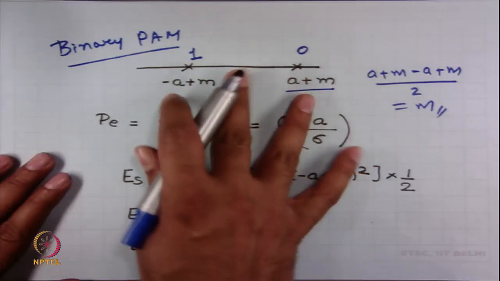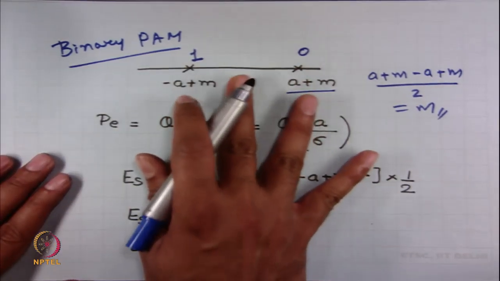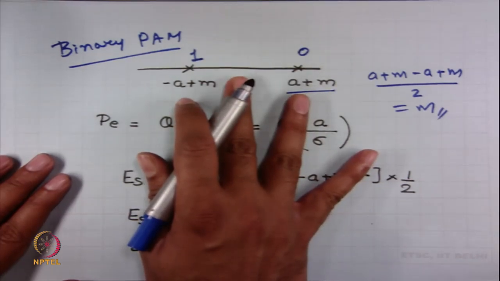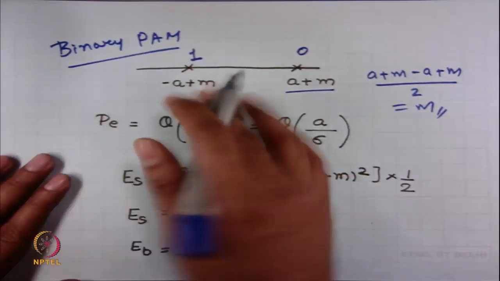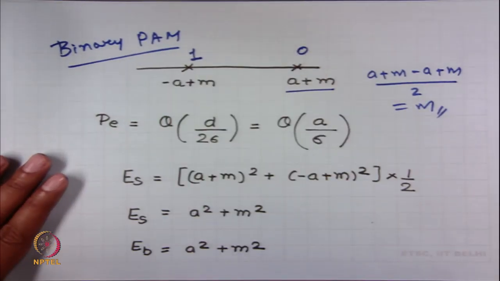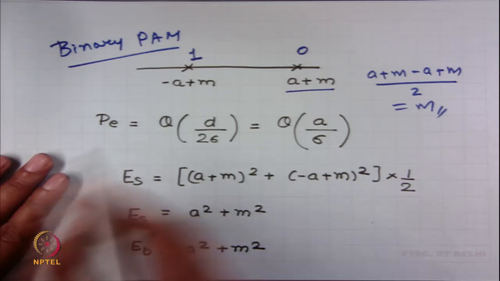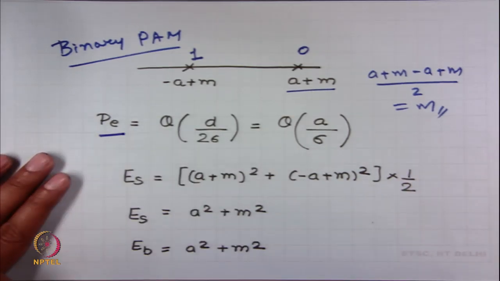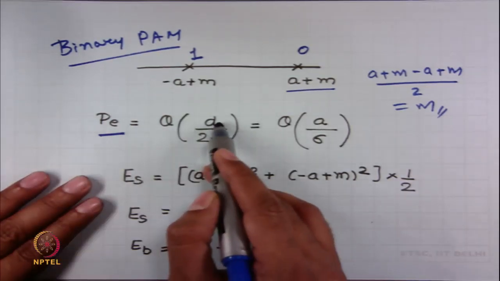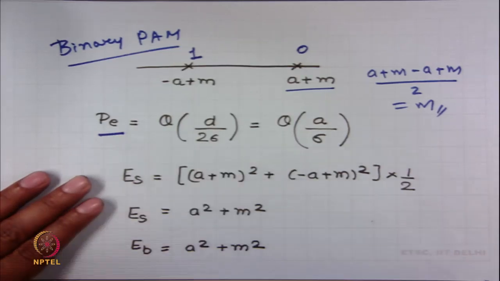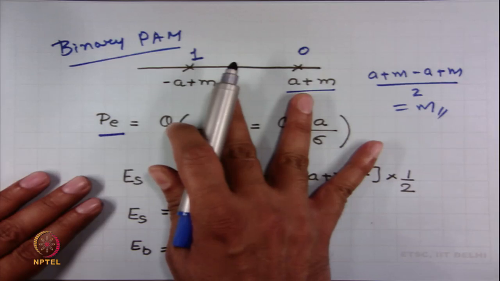So, this signaling system has a certain mean, whereas in antipodal signaling the mean is equal to 0. So, we are generalizing this modulation scheme. Bit error rate performance is again a function of the distance between the two symbols and the standard deviation of noise; that is it, nothing changes. So, this signaling scheme will have the same BER performance as the binary antipodal signaling scheme that we discussed.